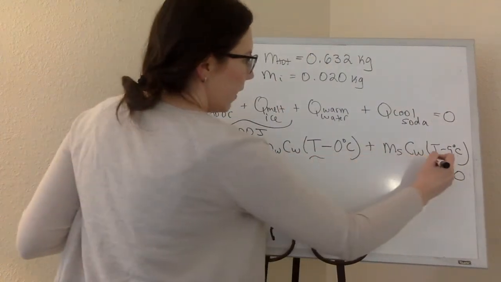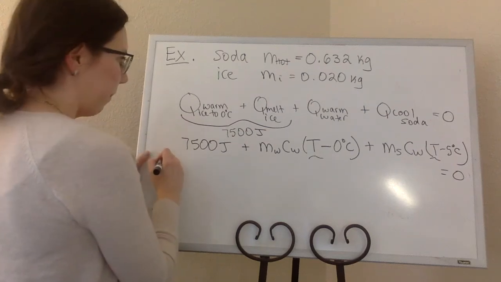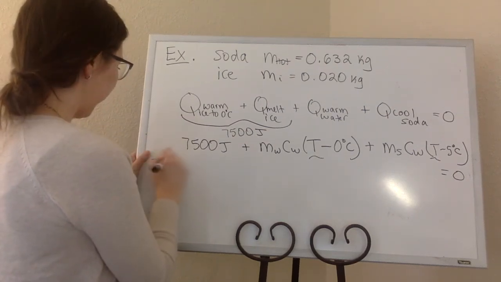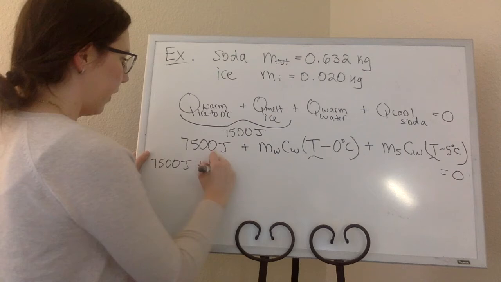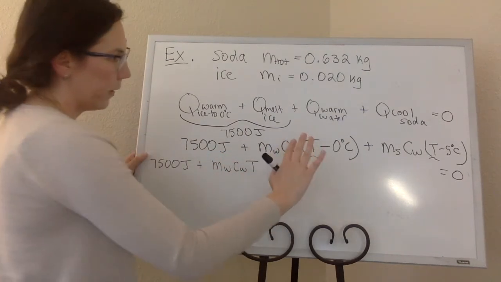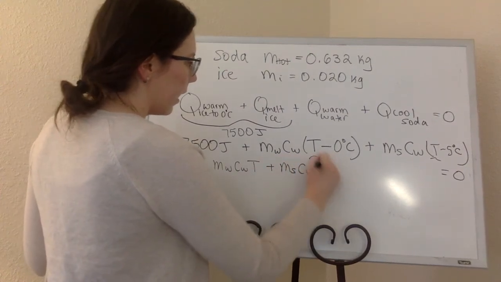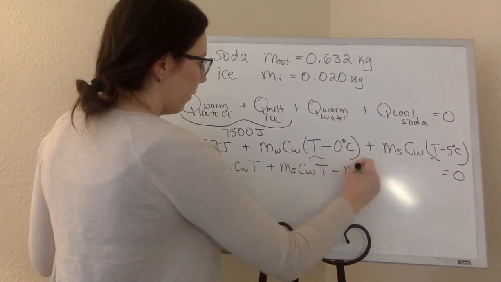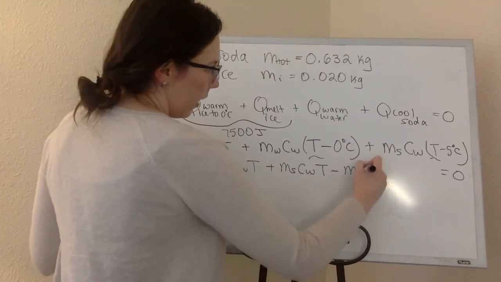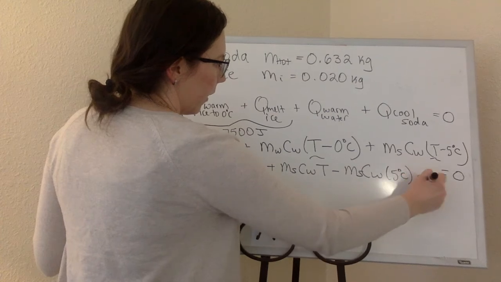So I want to solve for this unknown temperature here. I'll expand first. M water, C water, T minus 0, that term will go to 0, so I won't write it, plus the mass of soda, seawater, C water, T minus the mass of soda, seawater times 5 degrees Celsius equals 0.